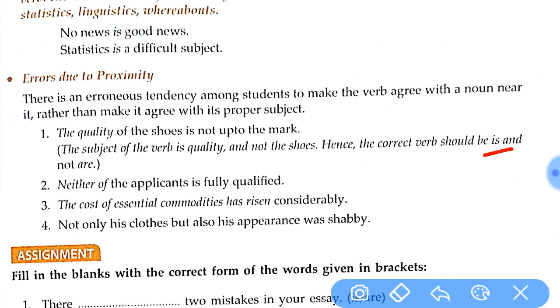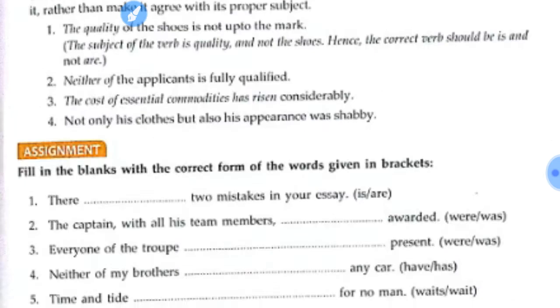Why? Because the subject is the quality and it should be is and not are. Neither of the applicants is fully qualified. We have already learned neither, either. Whenever all these words are there, we usually use a singular verb.